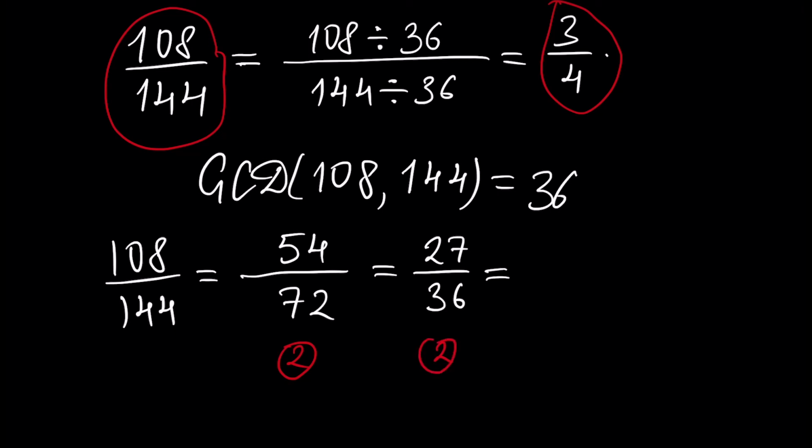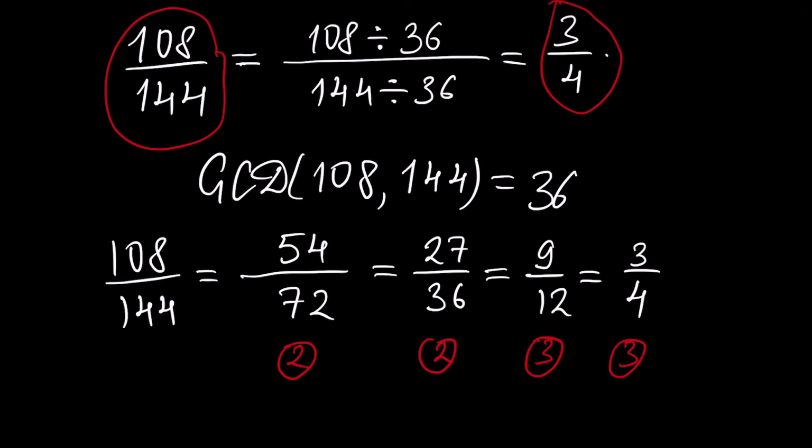And next, it's easy to see that both sides, numerator and denominator, can be divided by number 3, and the result will be 9/12. Here we divided both sides by number 3. Next, we can divide again both sides by number 3, and it will be 3/4.